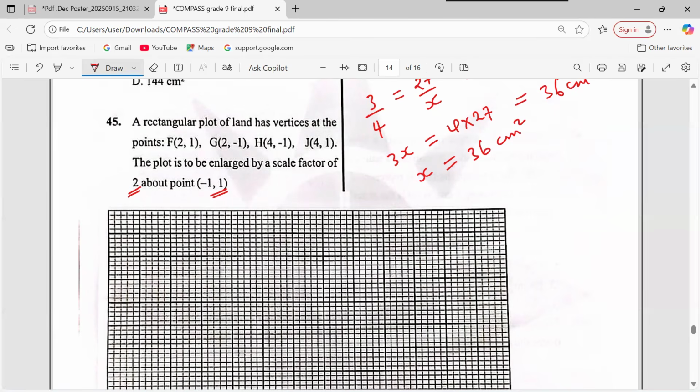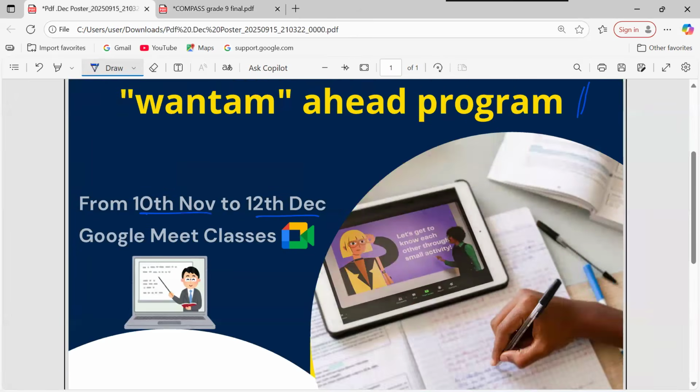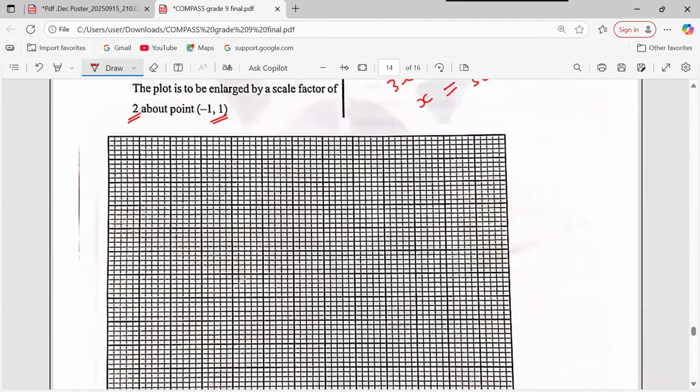So allow me to present a graphical grid which is going to help us enlarge properly. This one is biased, it's not properly square, and a graphical grid is supposed to be smoothly square in shape.